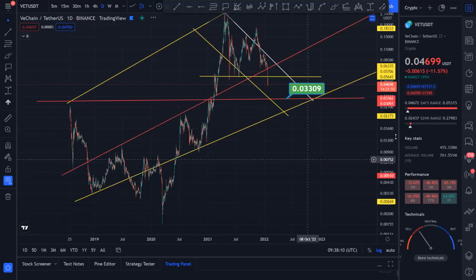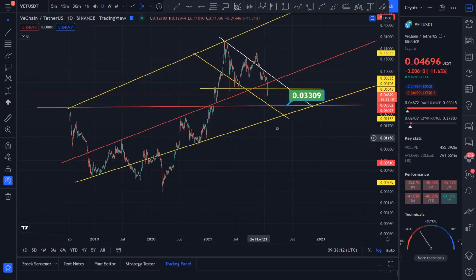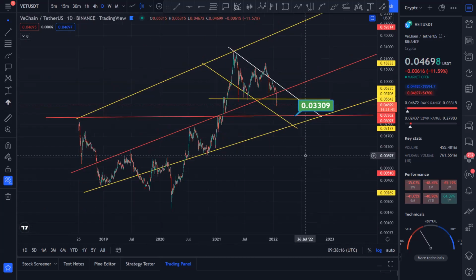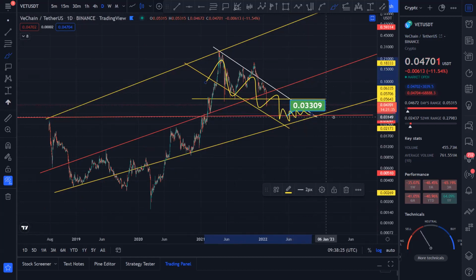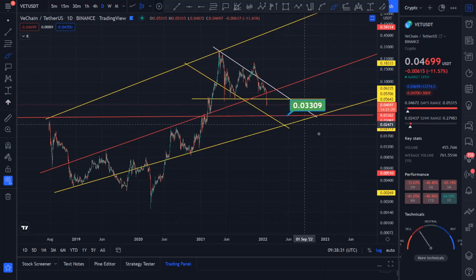Even if it comes to this price, I think these are very great accumulation zones where the price can do something like that, and then it might create something like a reversal wave. It might just play somewhere here. That's for the future. We can take a look at it once it breaks this white line.